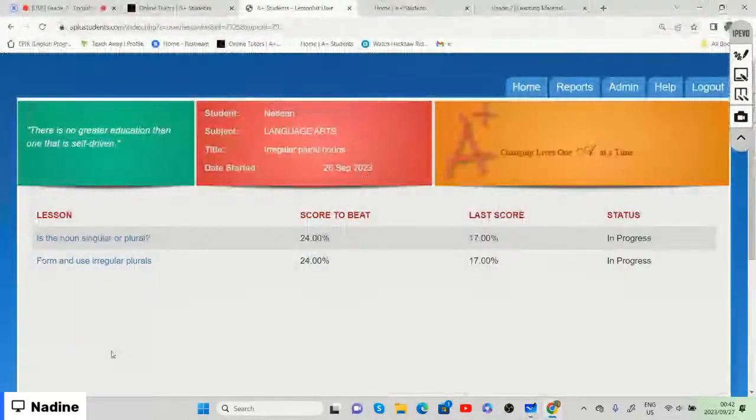All right, so we said that with irregular plural nouns, there are no rules that we are following.